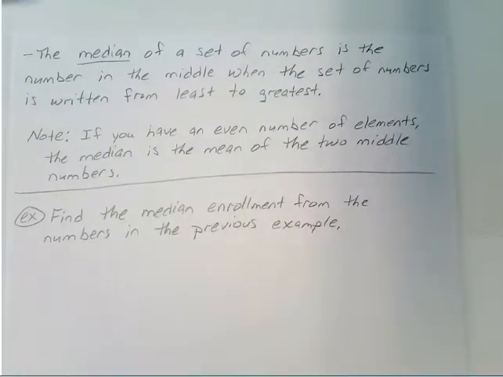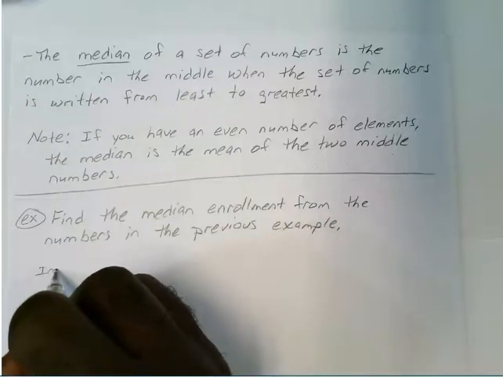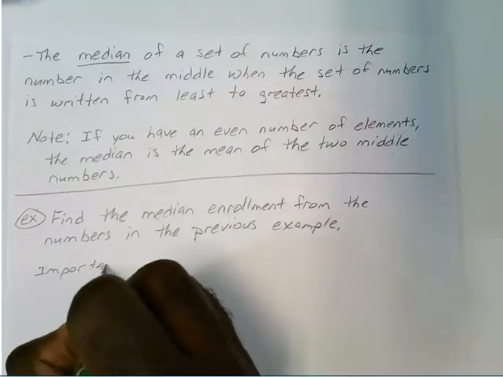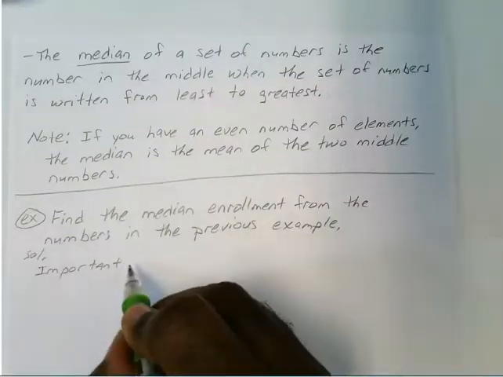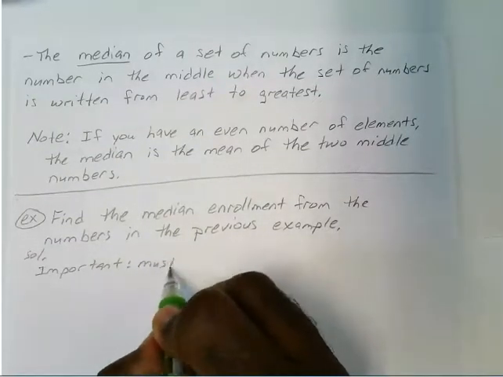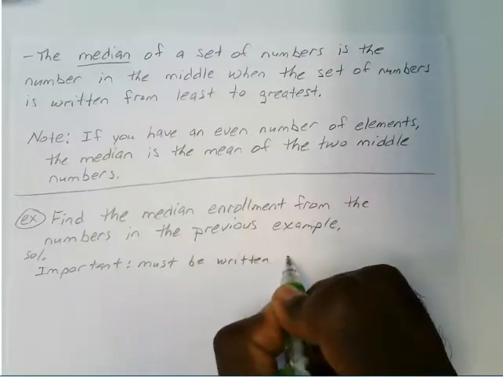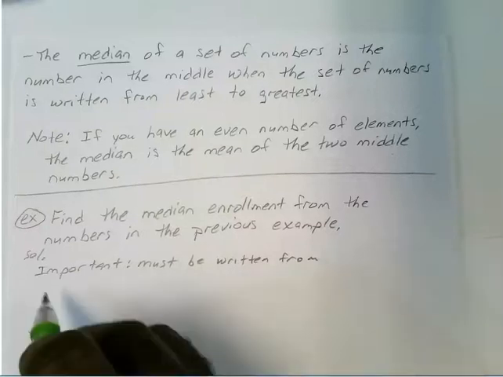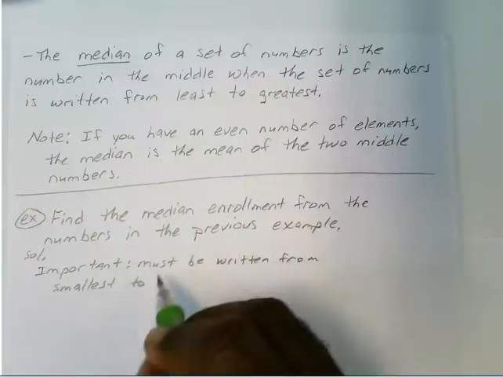For this example, let's say we wanted to find the median enrollment from the numbers in the previous example. So remember, it's so important that they must be written from smallest to largest.